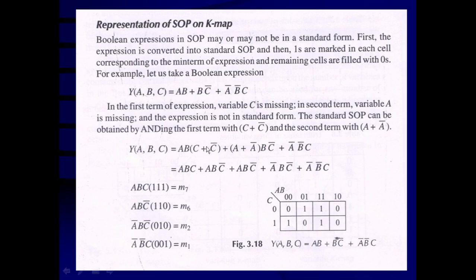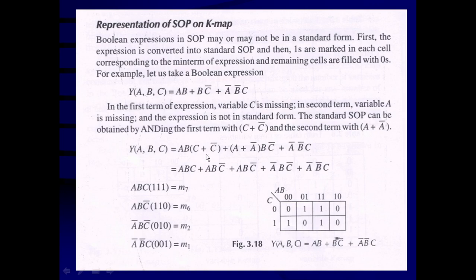So we can write the expression this way. Y is a function of ABC, equal to AB, multiplied with the missing variable C plus C bar, or BC bar, multiplied with the missing variable A plus A bar, and the third term as it is, because it contains all 3 variables, A bar B bar C.